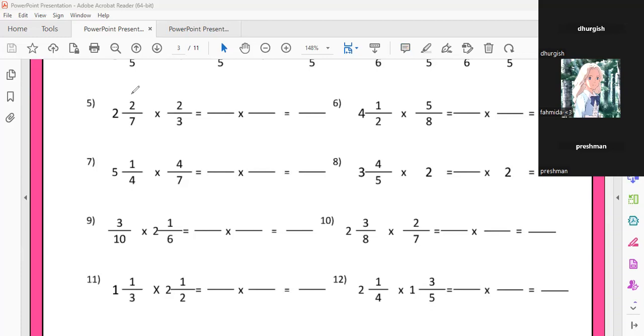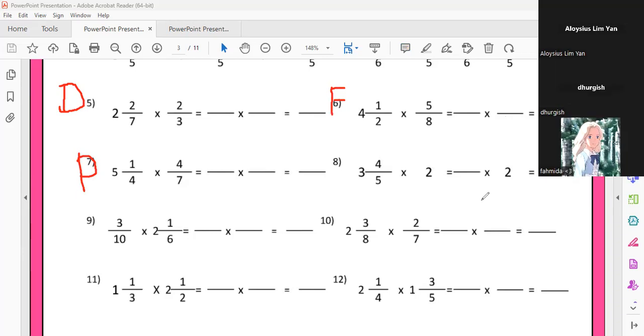Okay. Durgesh, you will do number 5. Famida, do number 6. Prishman, do number 7. Take note. Ilman, do number 8. Aloysius, do number 9.